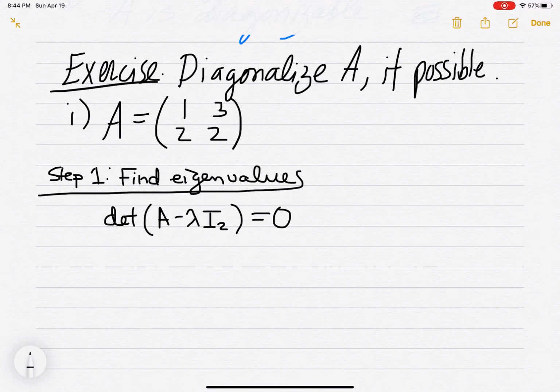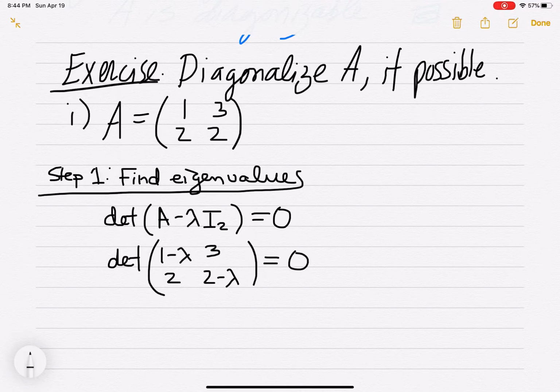Lambda is an eigenvalue if and only if that characteristic polynomial is satisfied by lambda. So that's going to be the determinant of 1 minus lambda, 2, 3, 2 minus lambda, subtracting lambda off the main diagonal and keeping the other values the same. It's equal to 0. Let's calculate that.